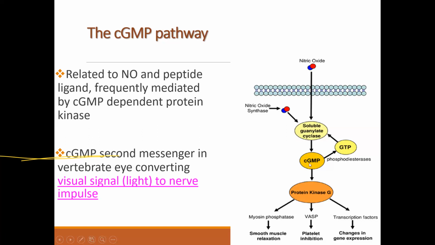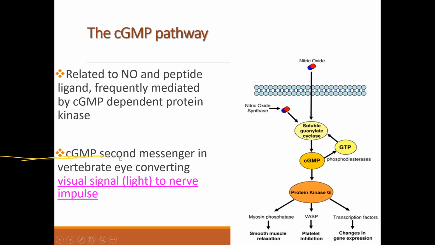And also cyclic GMP, similar to cyclic AMP, will stimulate the action of protein kinase G here. The activated protein kinase G will act on smooth muscle relaxation, will act on the myosin phosphatase enzyme, and also the result of protein kinase G is platelet inhibition, and also change in gene expression.